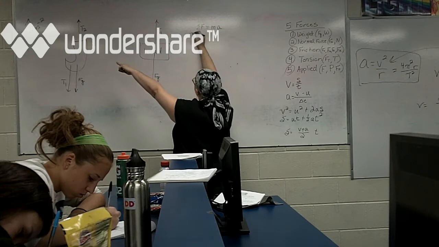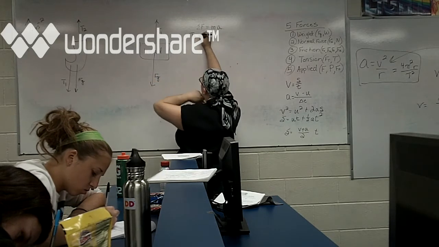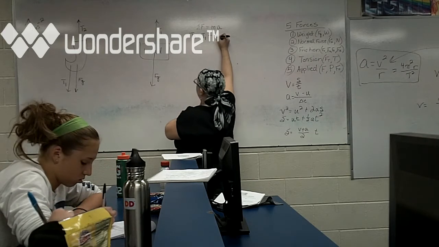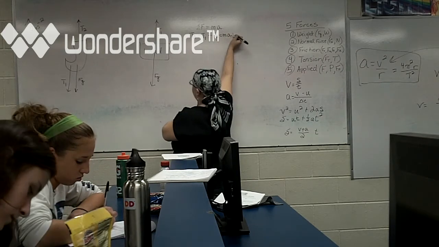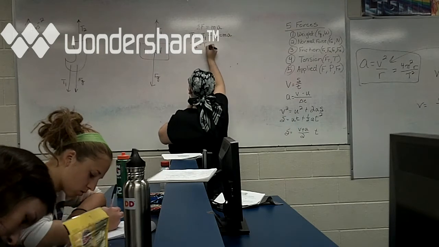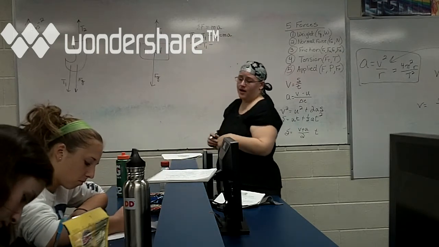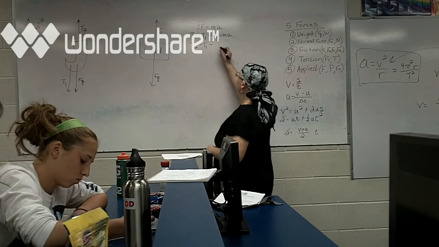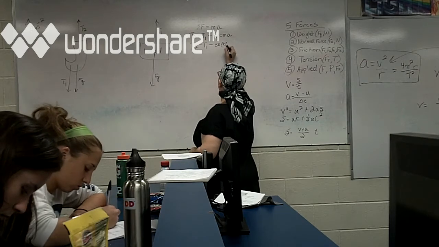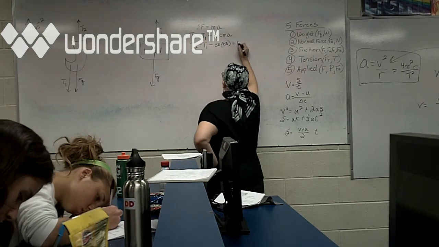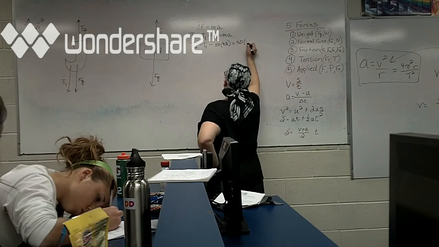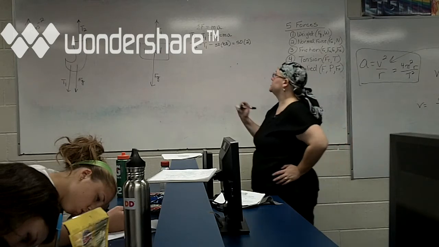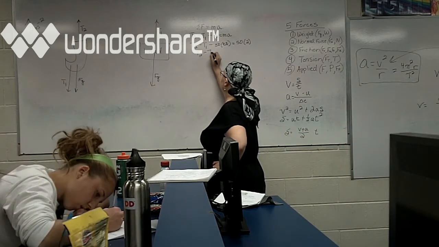We have T2 in the positive, T1 in the negative, Fg in the negative, and that's equal to its mass times its acceleration. Now, we don't know what T1 or T2 is, but I'm pretty sure we can get the weight of that object. The hook is 50 kilograms. And we know the acceleration is 2 because they gave it to us in the problem. So we know T2 minus T1, and we can actually find this value.